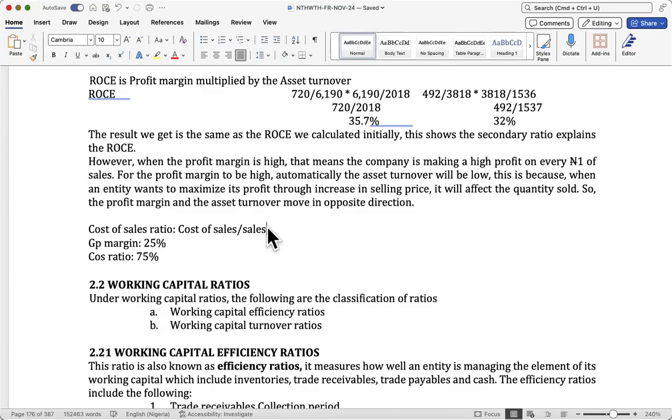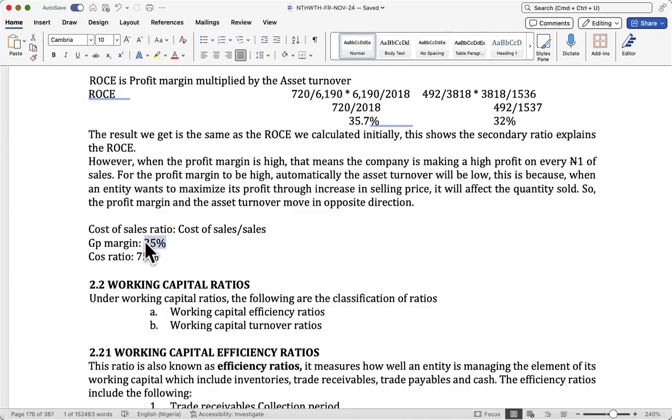So your cost of sales ratio is looking at how much cost you incurred vis-a-vis your sales. In that question, the examiner didn't even give us cost of sales. All the examiner gave us was gross profit margin, as 25%. They now said compute the cost of sales ratio.